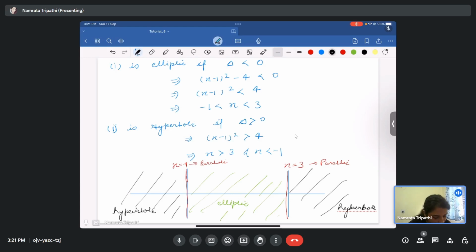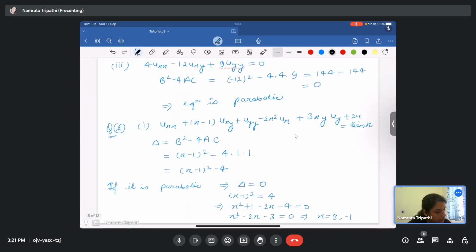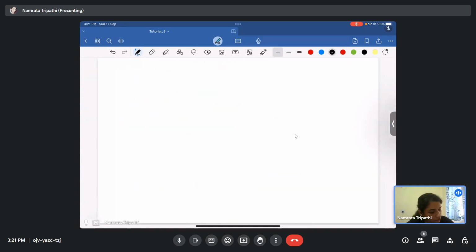Similarly, you have to solve question 2, second part. Please try to solve and give me the answer.